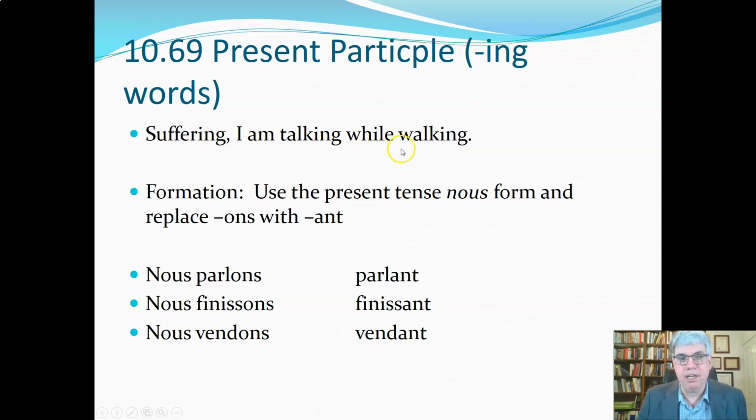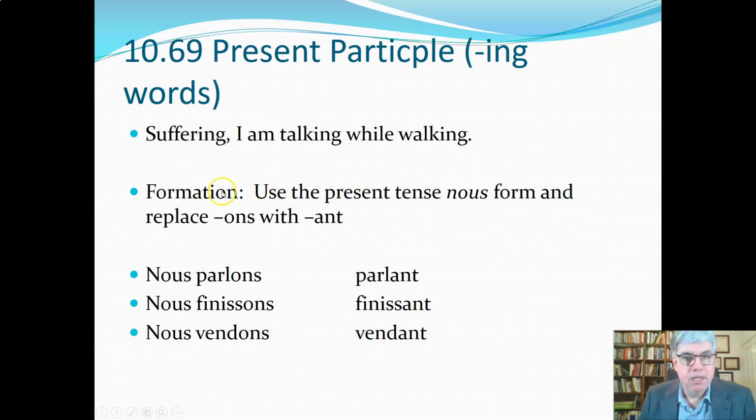Suffering, I am talking while walking. So here suffering is describing me. I am talking, we're using that, saying what I'm doing right now. While walking, there's simultaneity going on there. So we use ing words in a variety of different ways, the present participles.